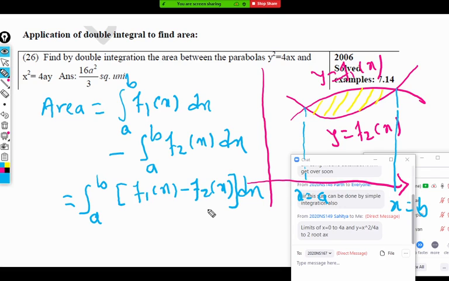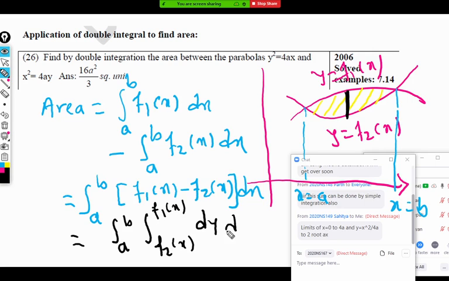Here, the same way, if you take a vertical strip, you'll observe the limits of y are f2 to f1, and this double integral is written as a to b, then f2(x) to f1(x) dy dx.